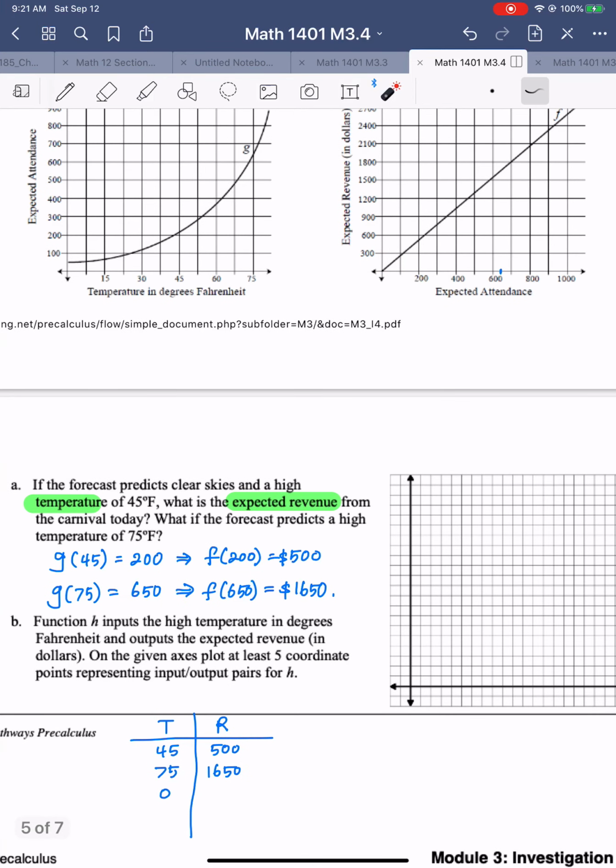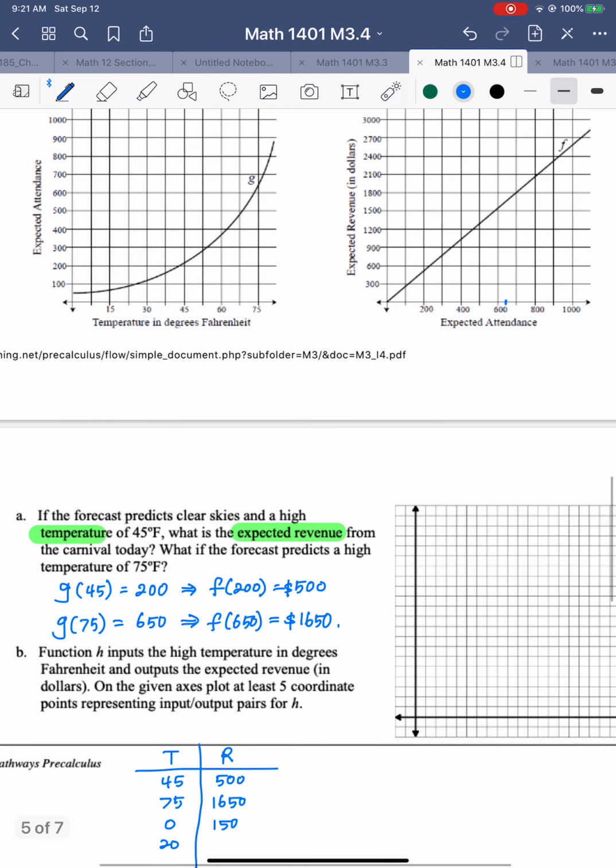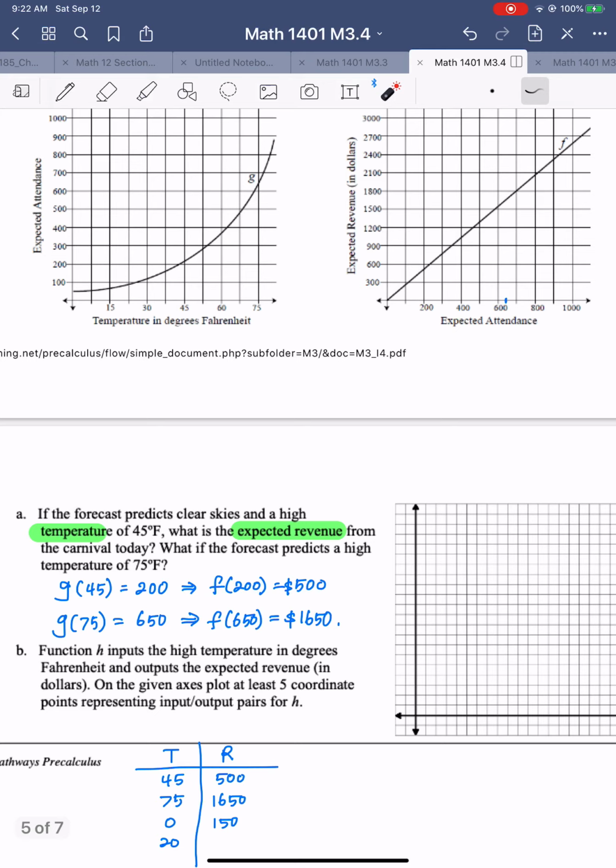Two more. Now let's use 20 degrees. 20 is about here, and it's about 100 people, and 100 is about 300. We just need to approximate.